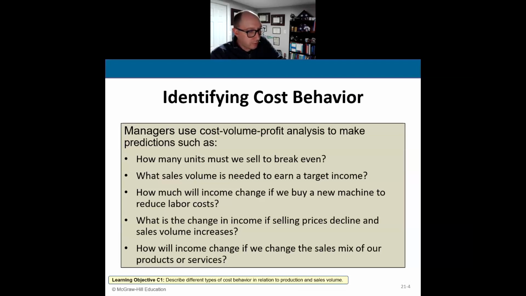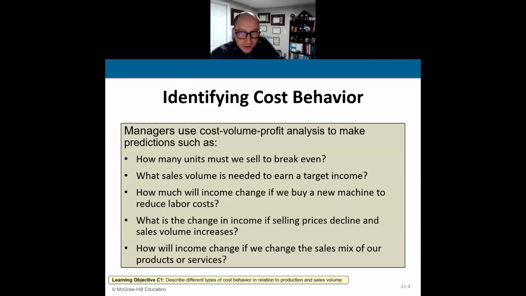So, what this means is I need to sell X number of units in order to generate an income of $100,000. What is that X number of units? We don't know. We got to figure out how many units I need to sell to make an income of $100,000. That's target income. It's how much do I want to make?